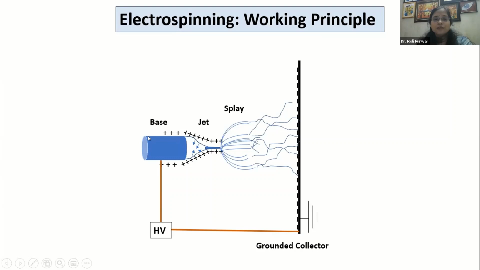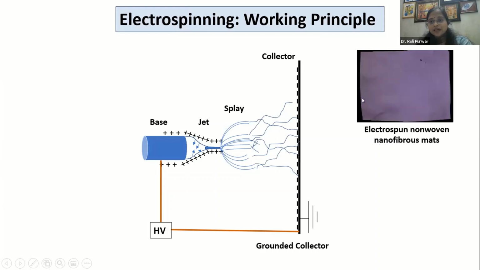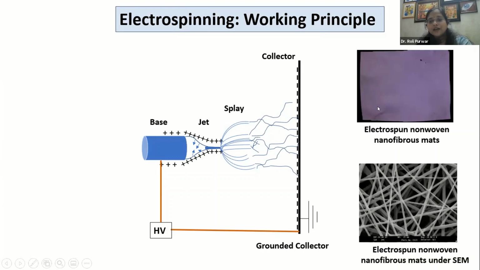So we have the base, then there is a formation of the jet, then this jet will spray, and the fiber is collected on the collector plate. And this is the form of the nanofibers we can collect over the surface of the plate.